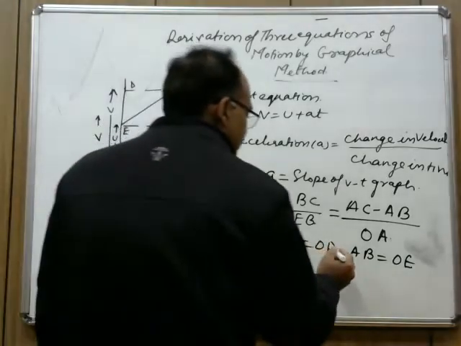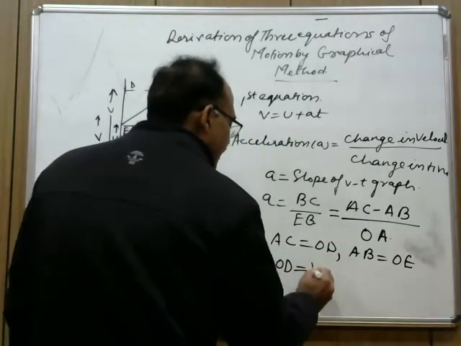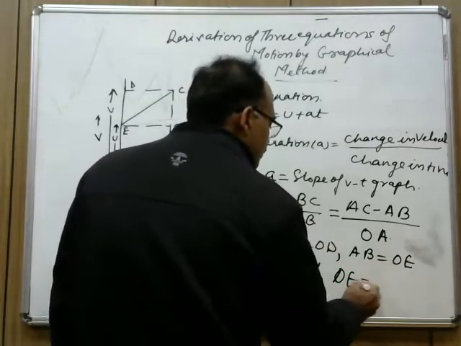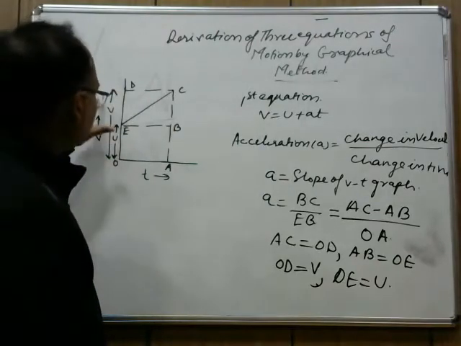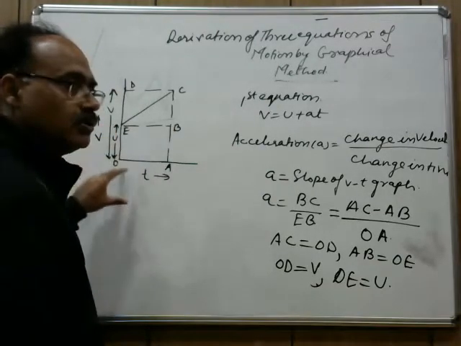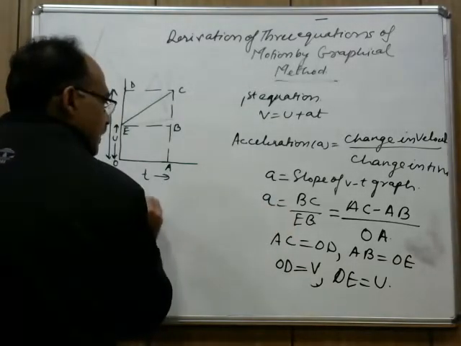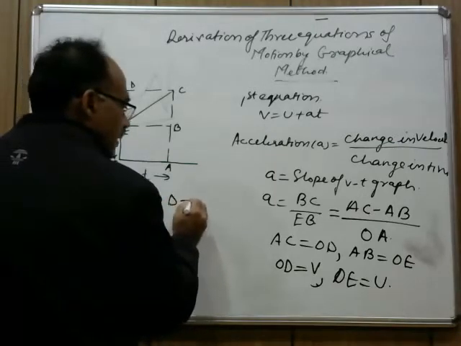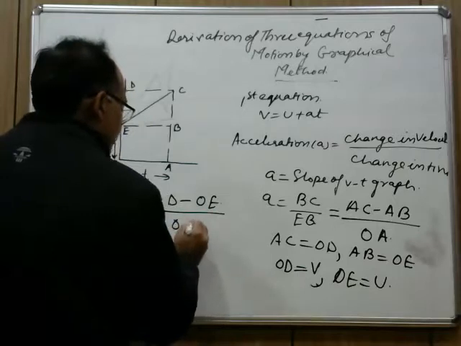Now we can replace this value. OD is equal to what? V, and OE is equal to U. So we can put the values. a is equal to OD minus OE upon OA.